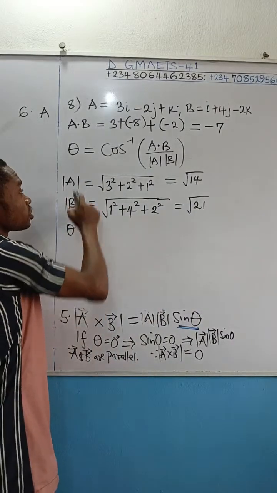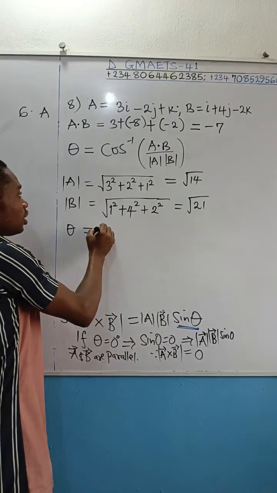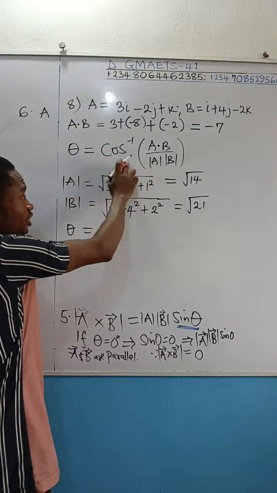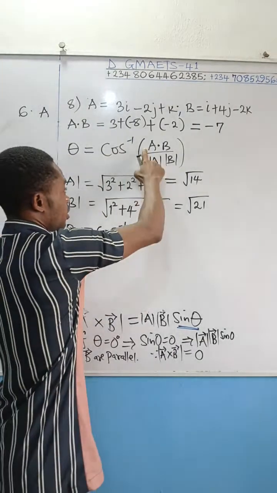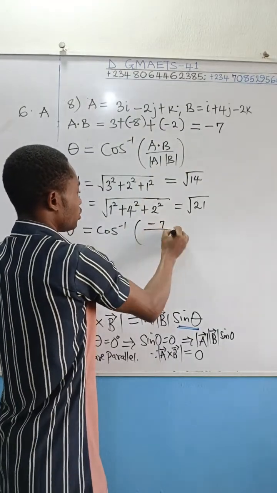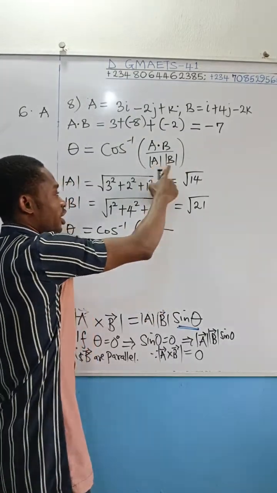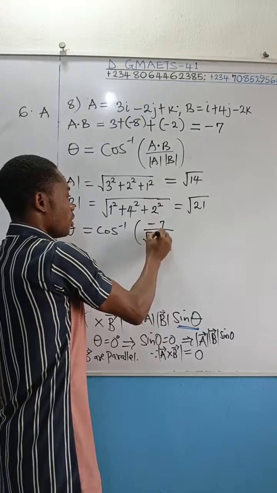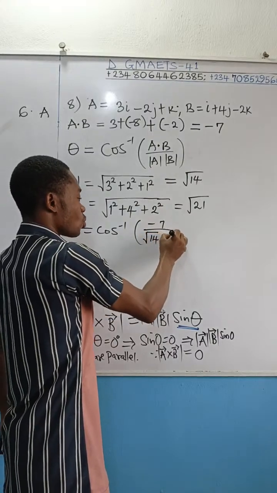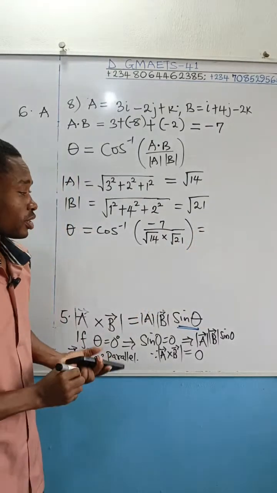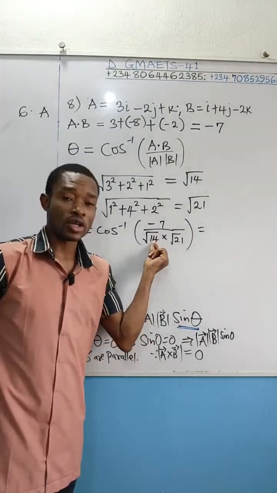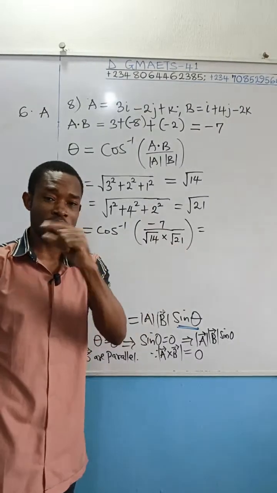We can now substitute the values we have into this formula to get this angle. Cos inverse of A dot B, which is minus 7, divided by the magnitude of A times the magnitude of B, which is square root of 14 times square root of 21. From the knowledge of surds, if you are multiplying these, it is 14 times 21, and you use one square root to cover them.